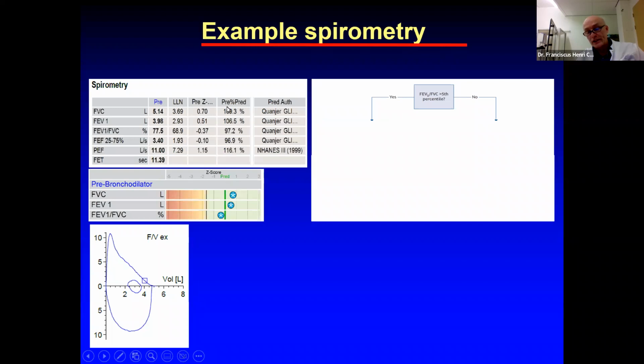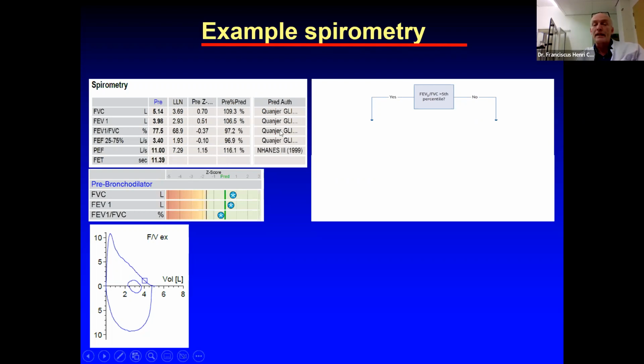You can also see the percentage of predicted based on the GLI values, as you can see in the last column. Only, for instance, for the peak expiratory flow, we don't see a GLI value, but the NHANES, which is most common in the USA. But if you are in Europe, mostly the ECCS, based on Quanjer, is still used.